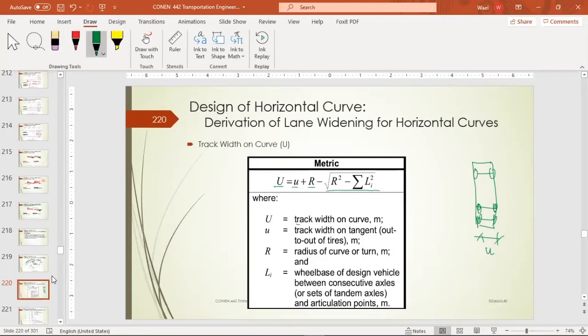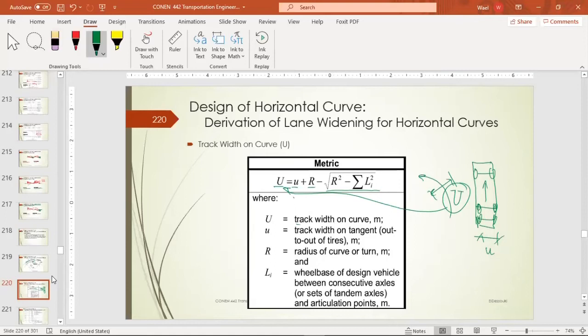If it's going straight, that's going to be u. If it's turning, it will need this width, capital U. That's what we have here. So calculating U will be according to this formula.